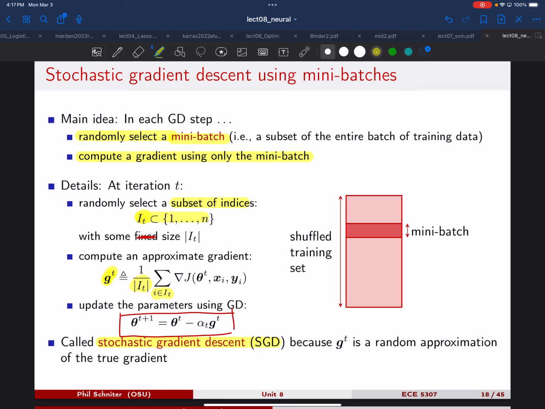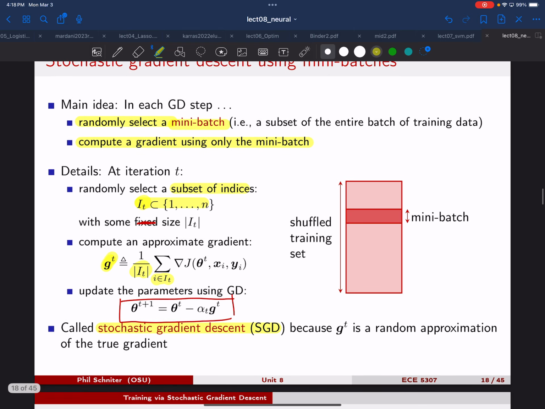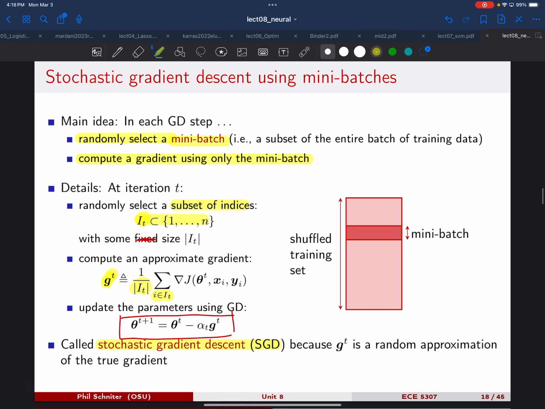Any questions? Yeah. So in this method, does it sample the data randomly every time, or like the first 100, next 100, if there are 1,000 samples like that? Yeah. I'll show you a slide a couple slides later, we'll get into the details.